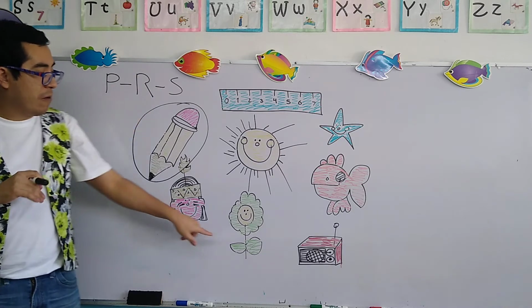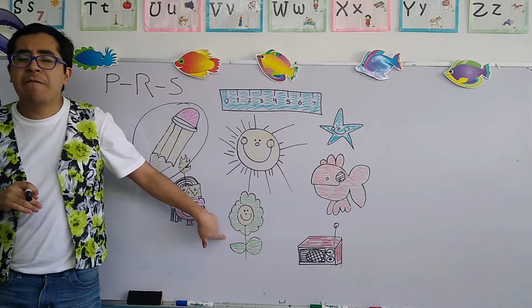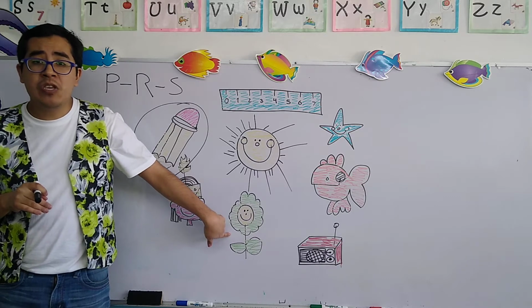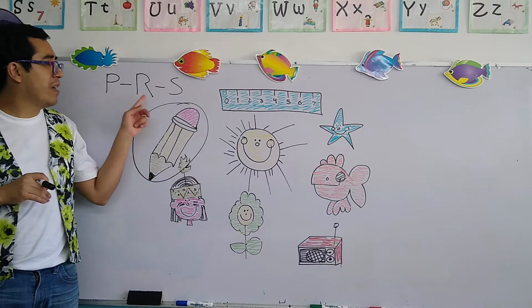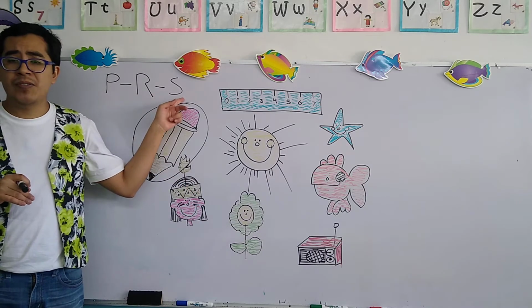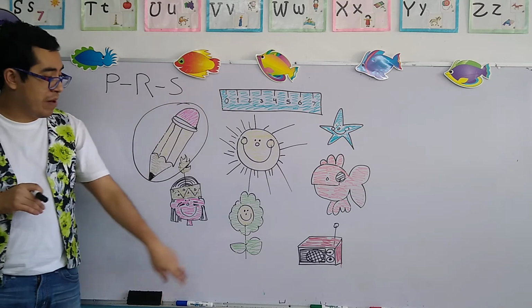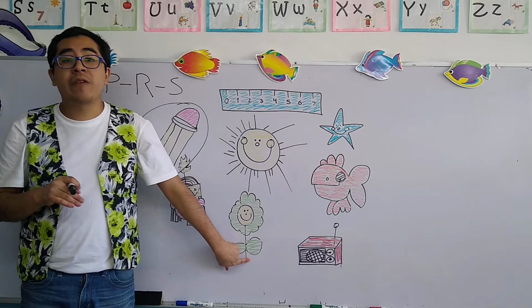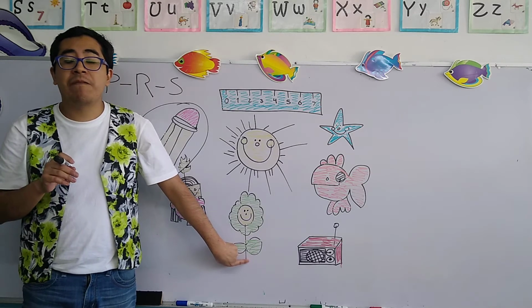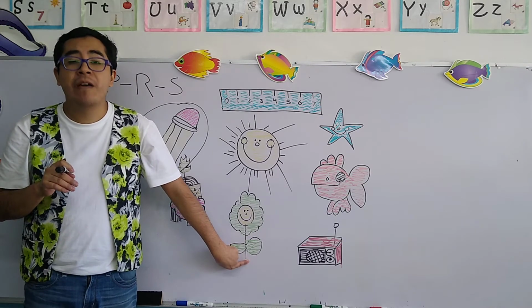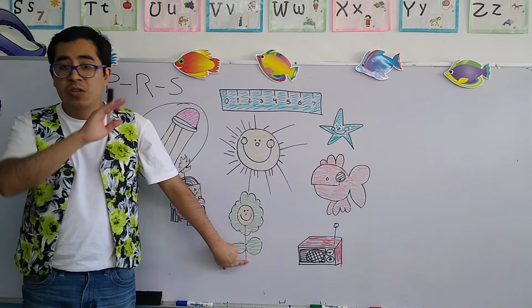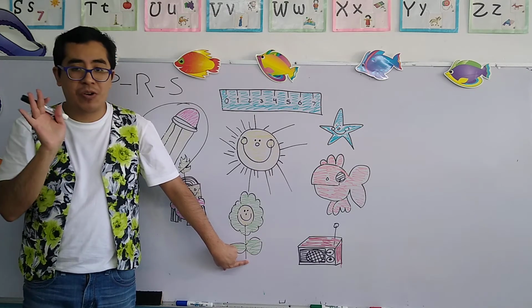Let's continue with the flower. Now the flower, does it use the letter P, the letter R, and the letter S? No, it doesn't. Because remember, the sound or the letter that begins with the flower is the letter F of Frida. So you don't paint it, I don't circle it.